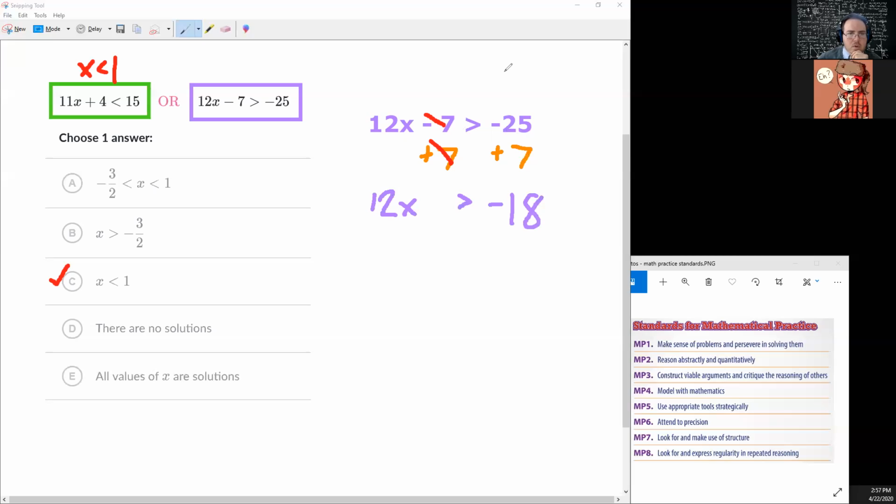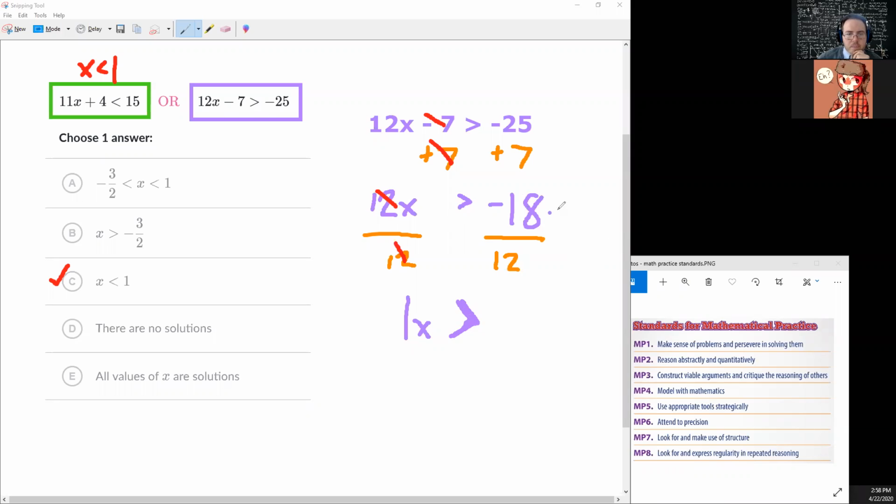Okay. So next step, if I divide both sides by 12, that's going to get x by itself because 12 divided by 12 is equal to 1, and having 1x is the same as just having x. I'm not flipping anything because I haven't divided or multiplied by anything negative. Now, negative 18 divided by 12 can simplify by 6.